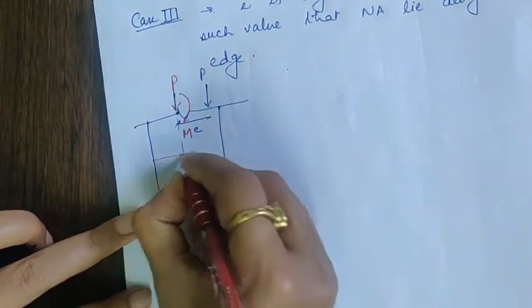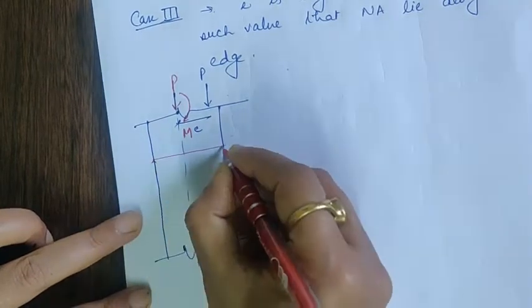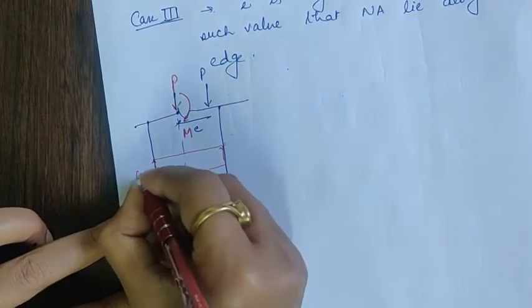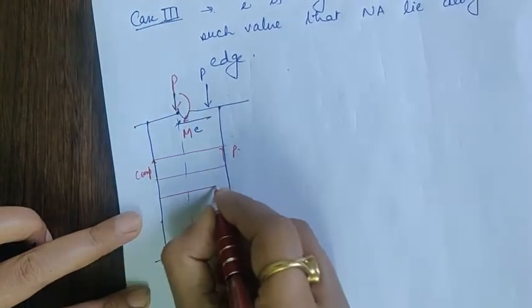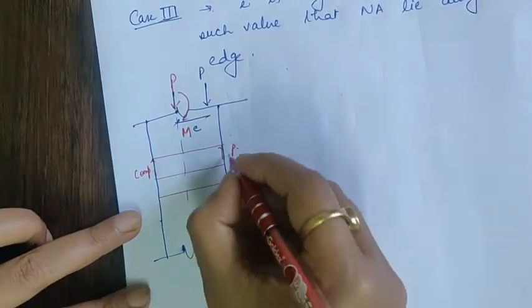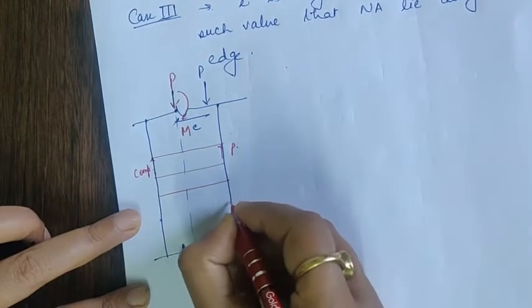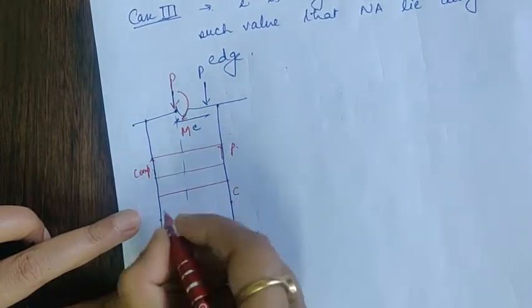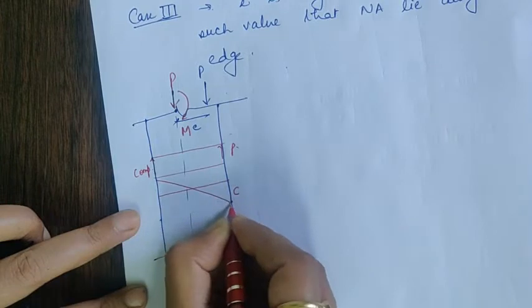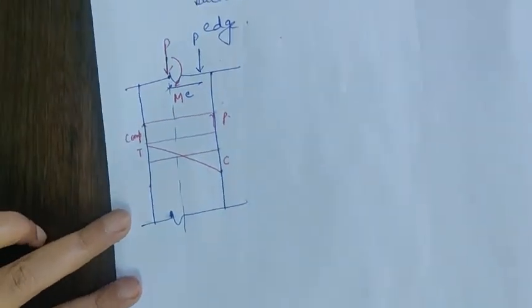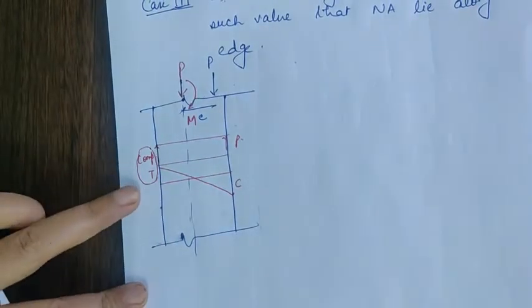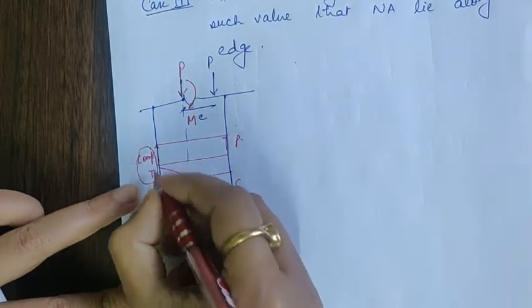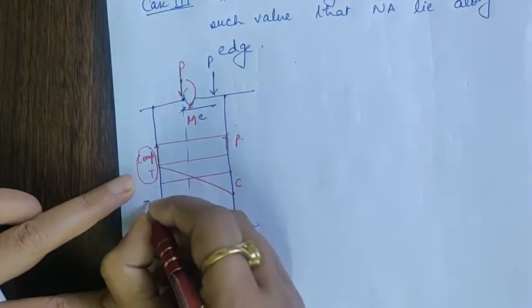This P is going to give me the compressive strain, and this moment is going to give me the compressive strain on one edge and the tensile strain on the other edge. Now the eccentricity is such that this compressive strain is equal to the tensile strain on this side, so the net strain on this side will be 0.